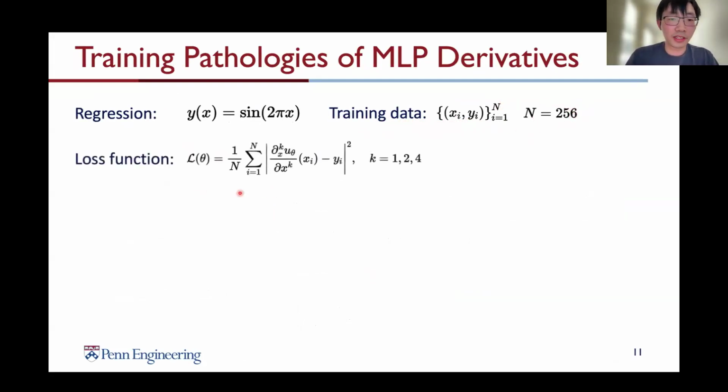But something interesting is that we consider such a loss function. Basically, we change the approximator to network derivatives of different orders. If we keep everything else the same and only the approximator differs, then the final accuracy of this regression test will measure the trainability of the network derivatives, right?